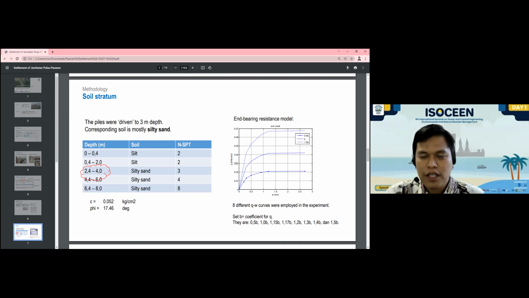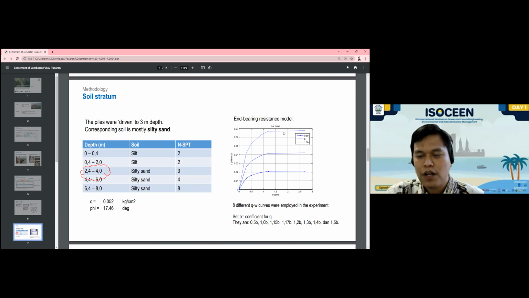The QW resistance model represents the end bearing resistance of the pile. It depends on the dimension of the pile and the condition of the soil.